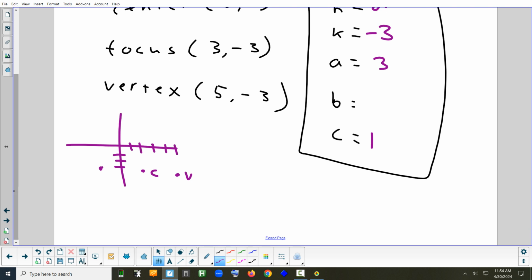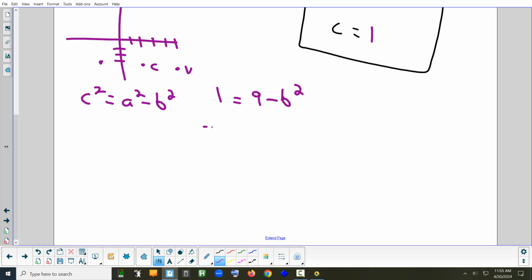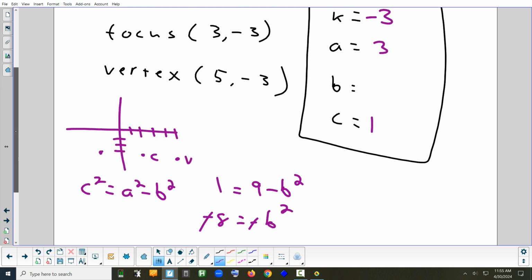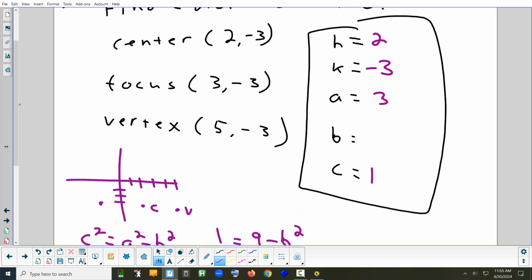We use the same equation of C squared equals A squared minus B squared. There you go. So B squared is 8, which means B is the square root of 8. Again, we're not really going to be using the square root of 8 unless we were making a sketch.